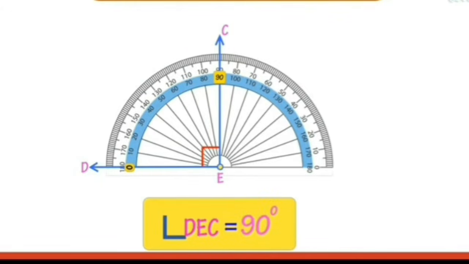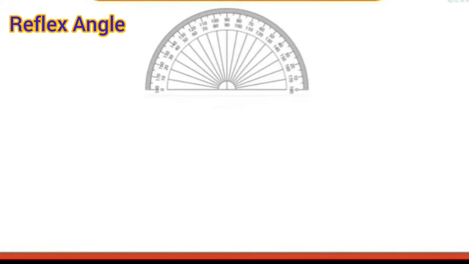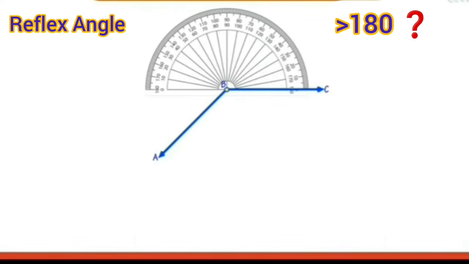Now let us see an example of a reflex angle. We know that our protractor has a scale from 0 to 180 degree. Now how will we measure a reflex angle which is greater than 180 degree? Let us learn.